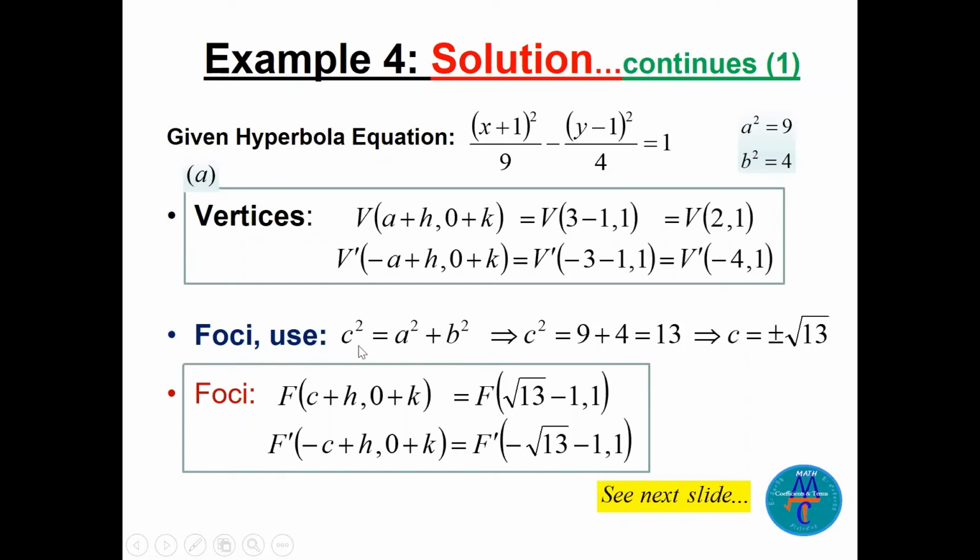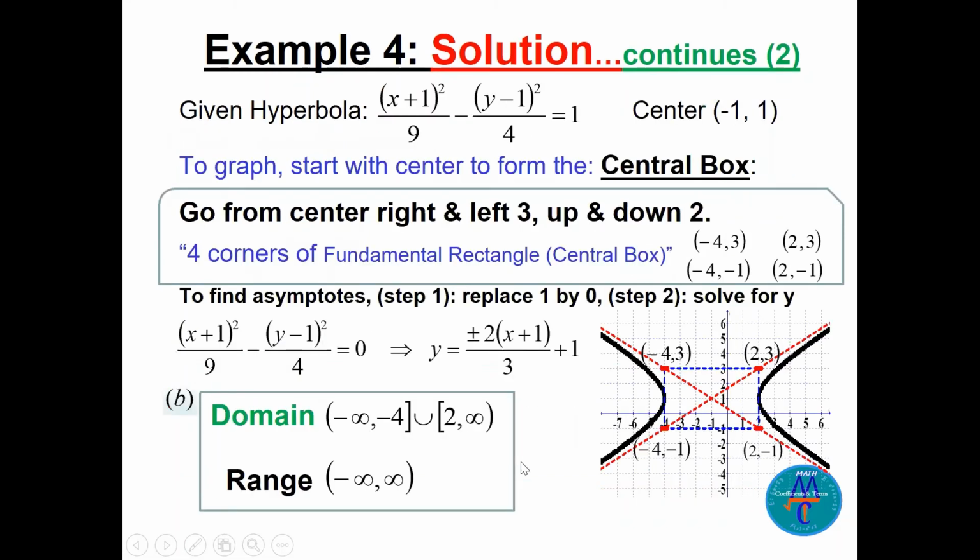Now for the foci, we use the formula c squared is equal to a squared plus b squared. So c will be plus or minus square root of 13. Put the formula for the foci and find the answer. On the next slide, we see these 4 points are the corners of the fundamental rectangle: minus 4, 3; 2, 3; minus 4, minus 1; 2, and minus 1.